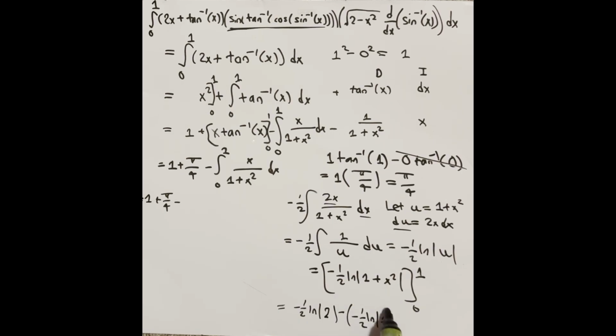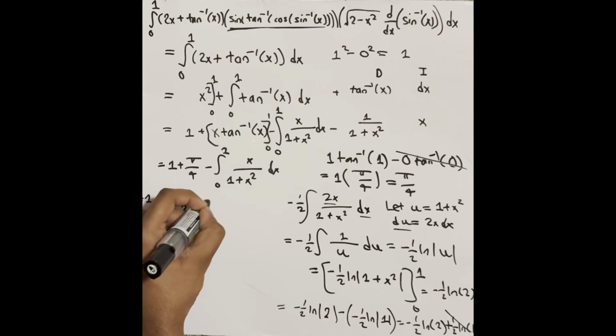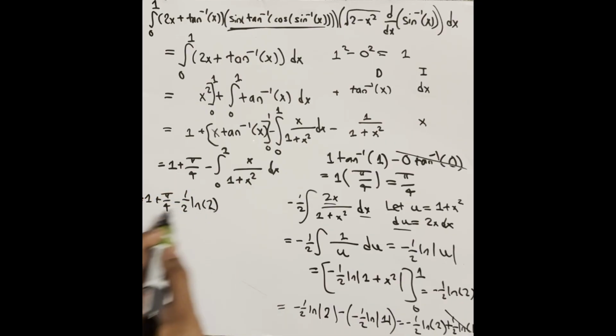All right, and that's equal to negative 1/2 natural log of 2 plus 1/2 natural log of 1. And natural log of 1 is equal to 0, so that's going to zero out that term. So it's equal to negative 1/2 times the natural log of 2.